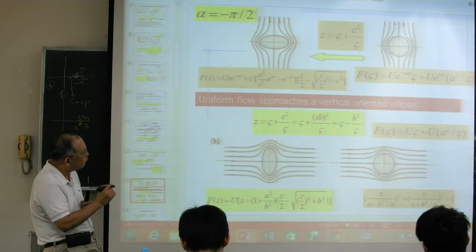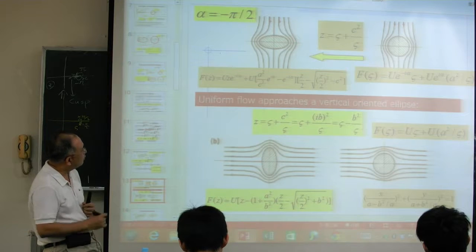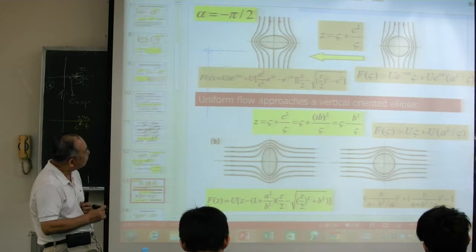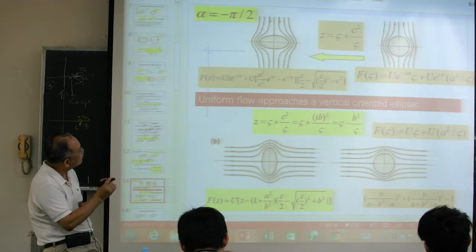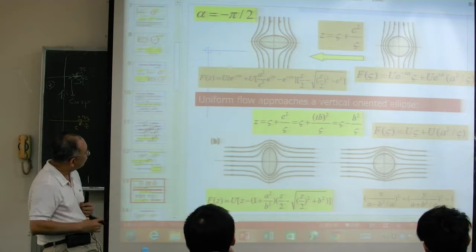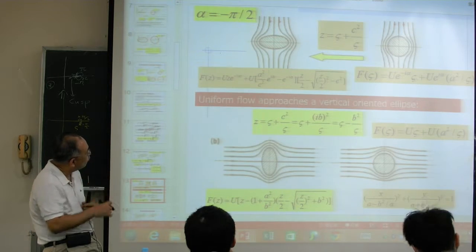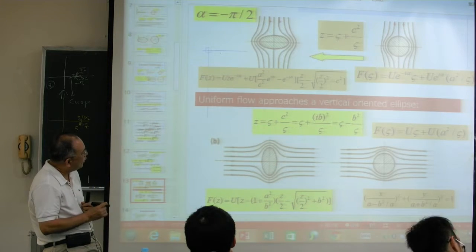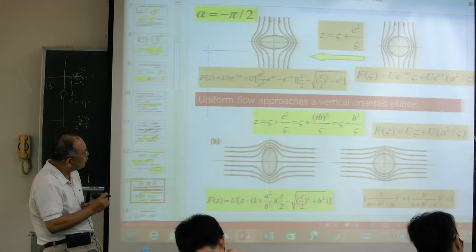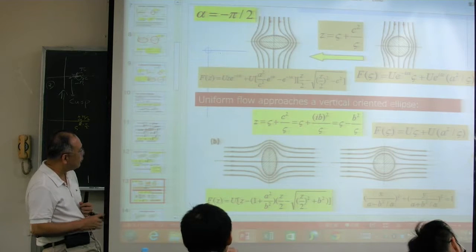That's another side story here. But if you write it down like this, it should be okay. It is only an orientation difference. So that will be the elliptical case, flow over an elliptical shape, and how it is related to the corresponding flow over a cylinder.